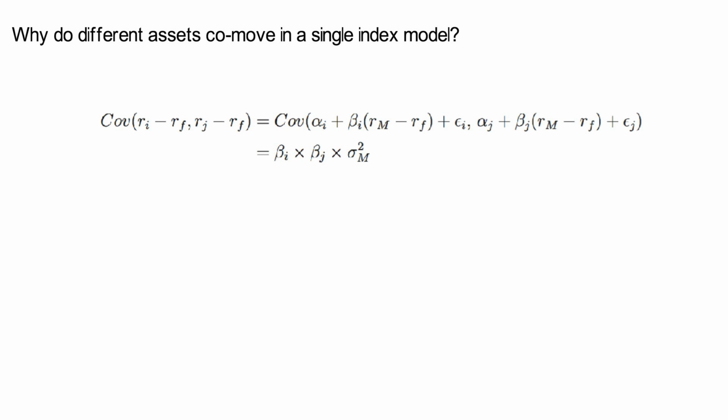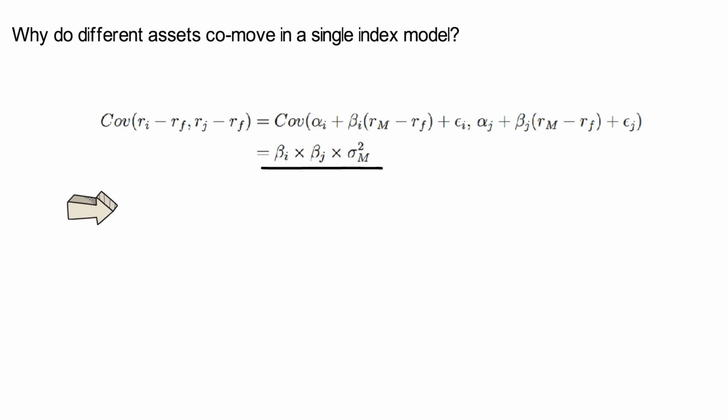Now you ask yourself which terms are co-moving with each other. Alpha is a constant, doesn't co-move. Epsilon I and epsilon J are orthogonal to each other and orthogonal to the market. So the only terms that co-move here are beta I times Rm minus Rf and beta J times Rm minus Rf. So that covariance boils down to beta I times beta J times the variance of the market.